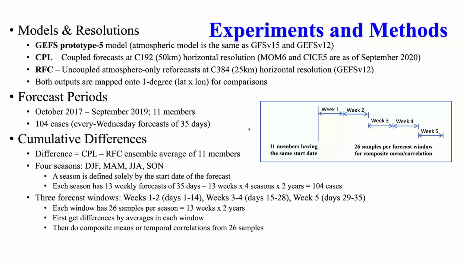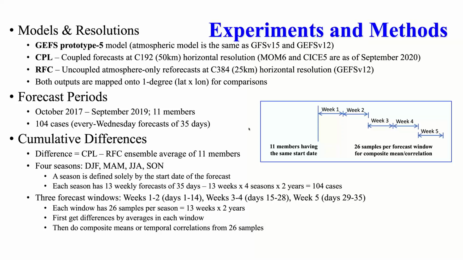We are focused on the experimental period, October 2017 to September 2019, and there are 11 members for each. For all the analysis I'm going to present, we average these 11 members first, and then separate by week.